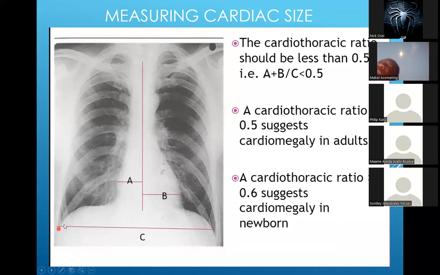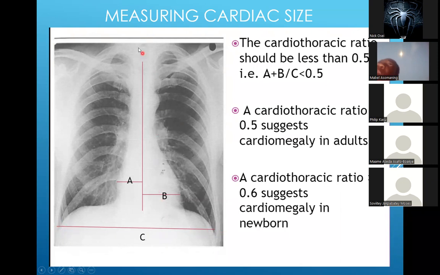So you measure the costophrenic angles, the very end. You measure the inner border of one rib to the inner border of the other rib. So that is what you use as your denominator.